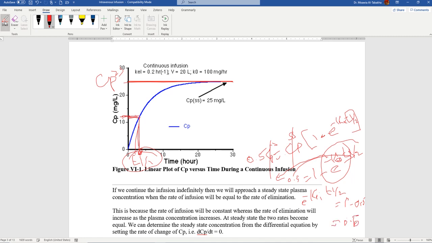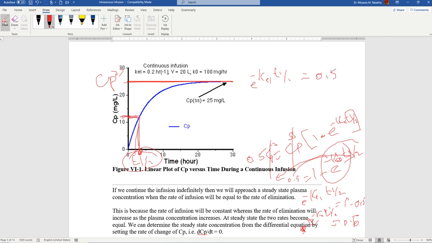0.5 will be equal to e to the power of minus KL t half. Just to make it clear, e to the power of minus KL t half is equal to 0.5, right?